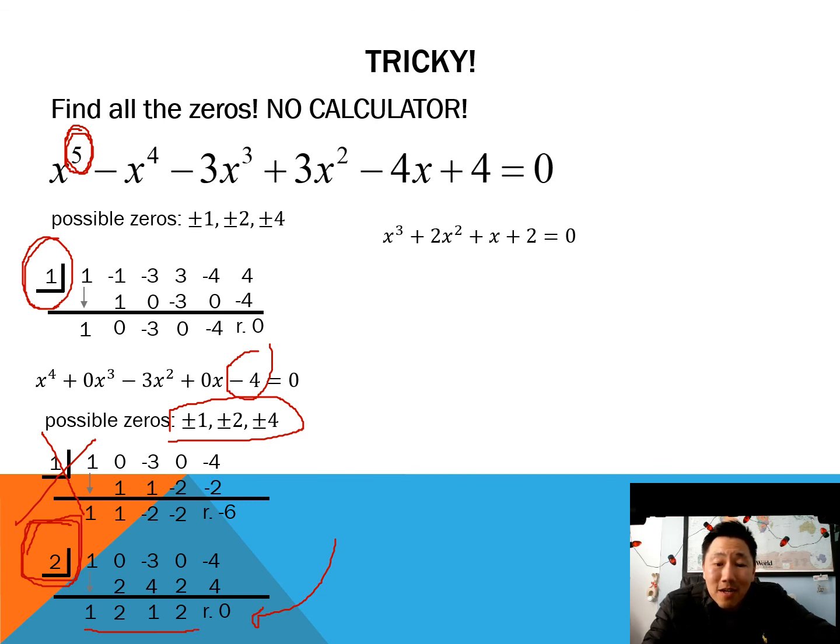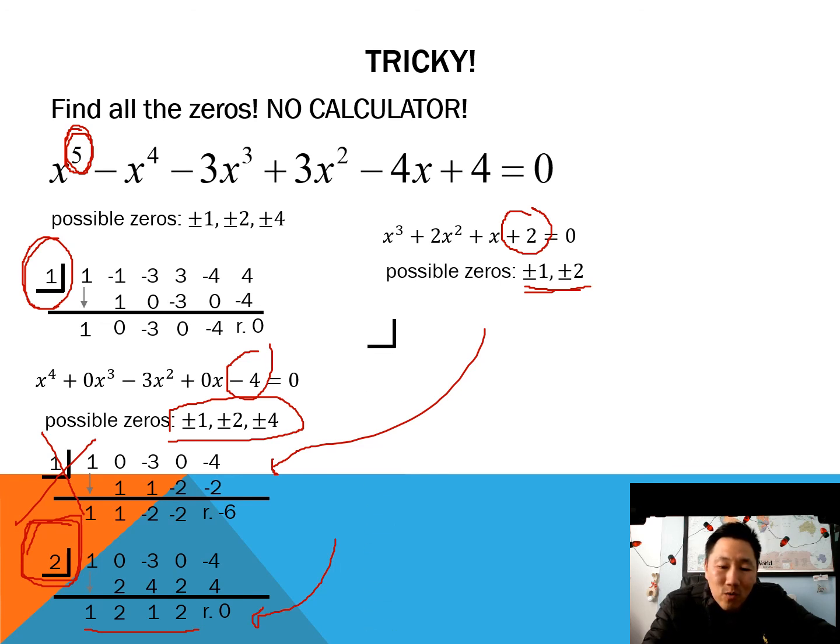All right, and guess what? We do the problem again, listing all the possible answers. But now we're just doing factors of 2. There it is. And just so you know, since back here we found out that the 1 doesn't work anymore, you don't have to try the 1 because it won't work anymore. Okay?